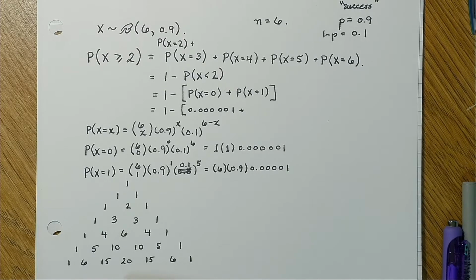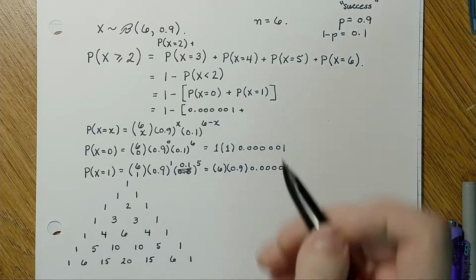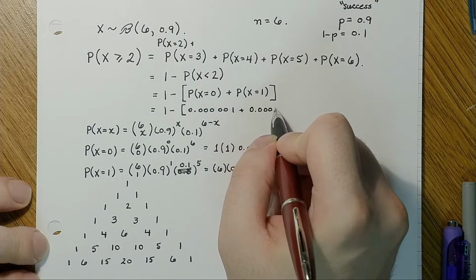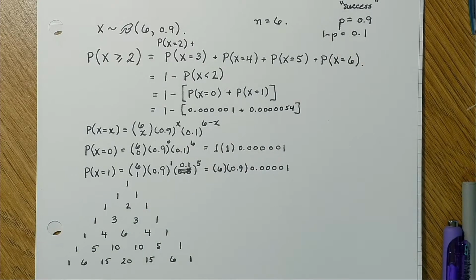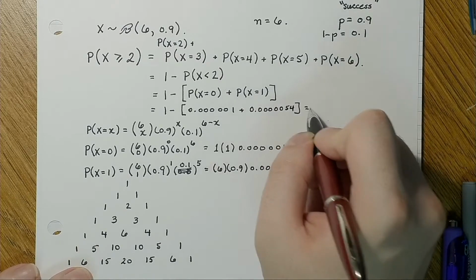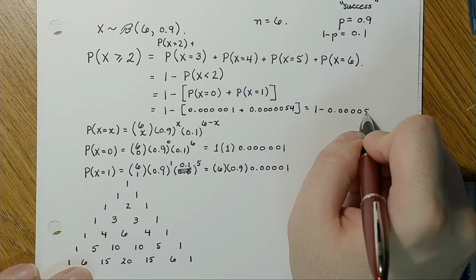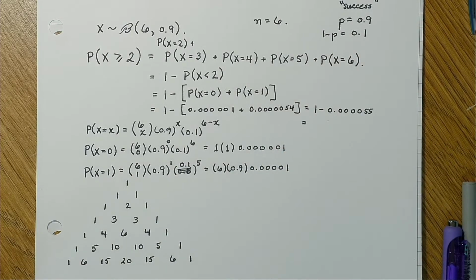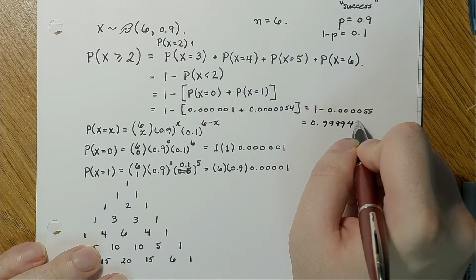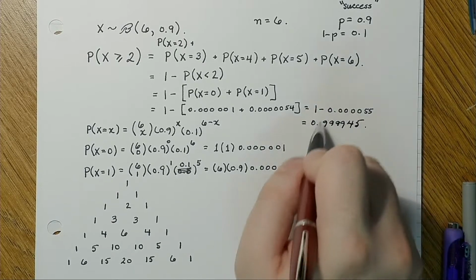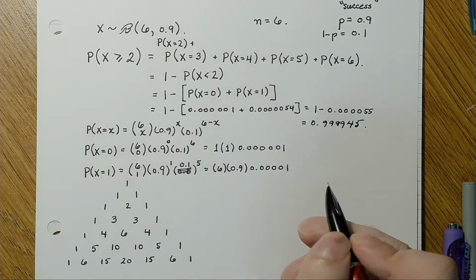Times 0.09 times 0.1, 2, 3, 4, 5. So it's quite a large probability that he is going to miss 2 or more shots.